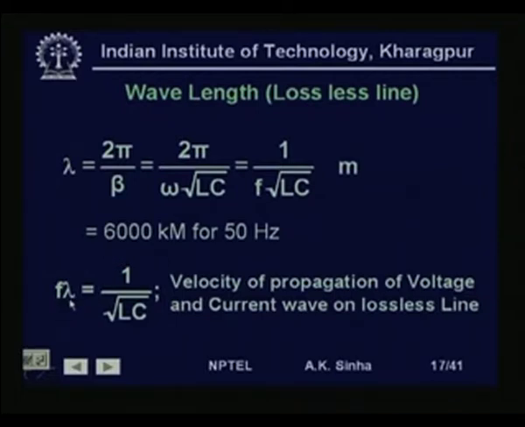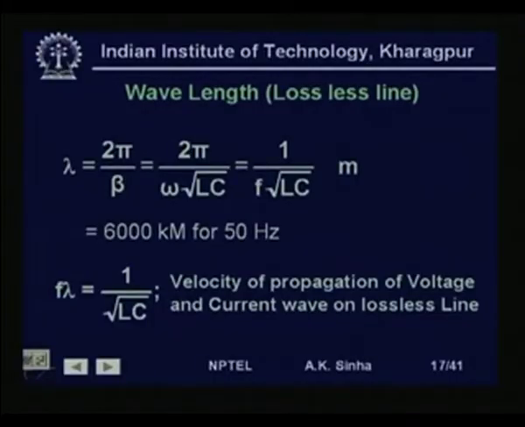Similarly, we will get f lambda, that is, if we multiply it here, 1 by root LC, which is the velocity of propagation of voltage and current wave on a lossless line, and this for a lossless line comes out to be the same as the speed of light. So, the velocity of propagation of voltage and current wave on a lossless long transmission line is the same as that of light.